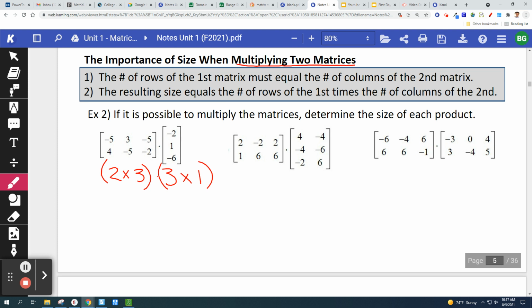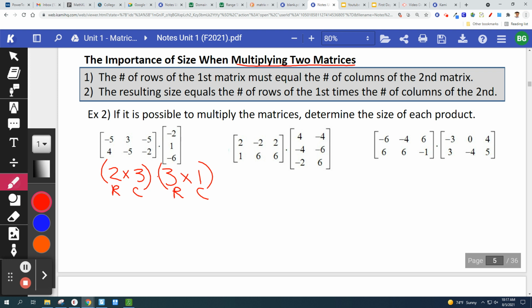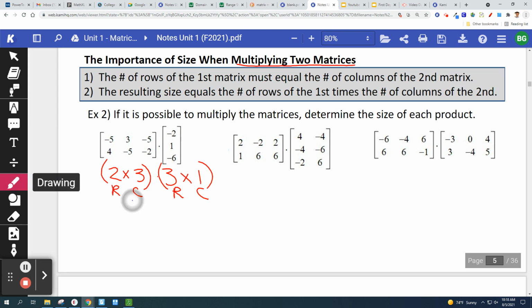Now, remember, rows, columns, rows, columns. Here's how it has to be. These two numbers must be equal. If they are not equal, then you can't multiply those two matrices. If they are equal, then you can multiply those two matrices.